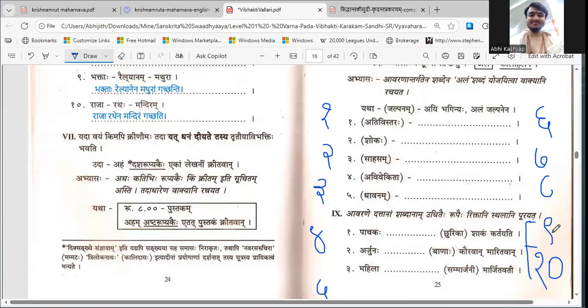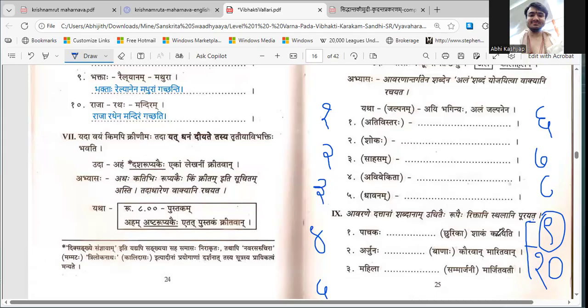So there we can write Ekona Chatvarimshat. Eka Una means 1 less than 40. So we can write it in two ways. It is either Nava Trimshat 39, or we can say 1 less than 40, Ekona Chatvarimshat.